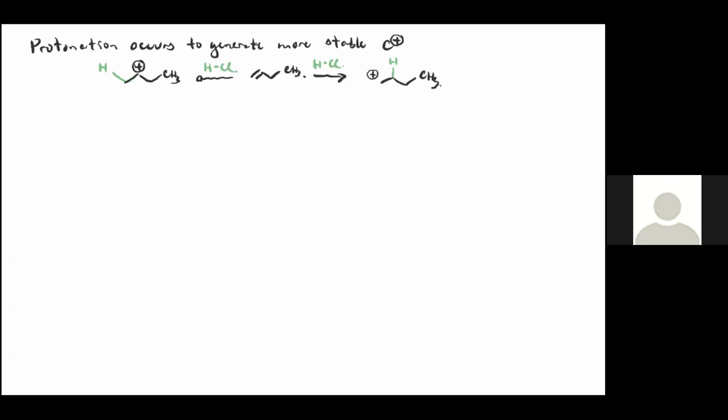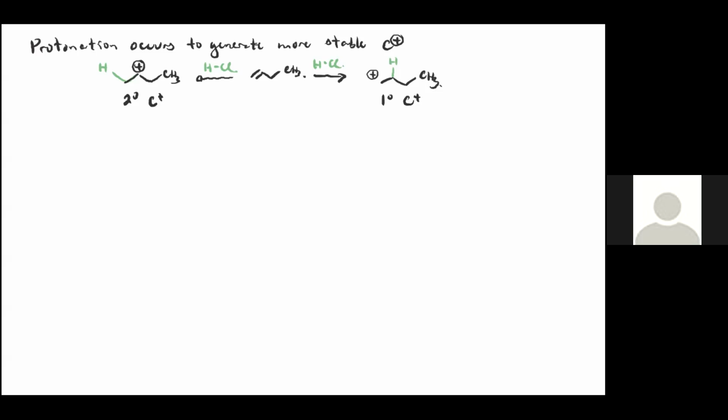If I protonate at the terminal carbon, I get that carbocation on the left. That is a secondary carbocation. And if I protonate at the internal carbon, I get the carbocation on the right, and that is a primary carbocation. And so we are always going to favor the more stable carbocation.